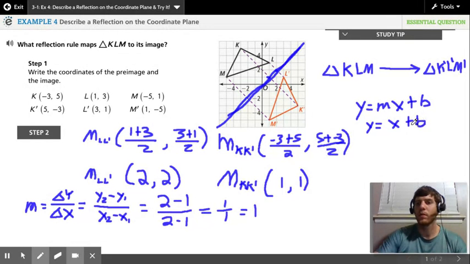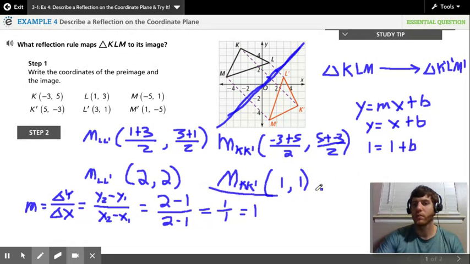We know our slope is 1, so we can put a 1 in there, but we don't need to write it. Then if we want to find the y-intercept, we just plug one of our points back in. I'm just going to plug in this point here, (1, 1). So the y value is 1, and the x value is 1. We're substituting that into this equation.